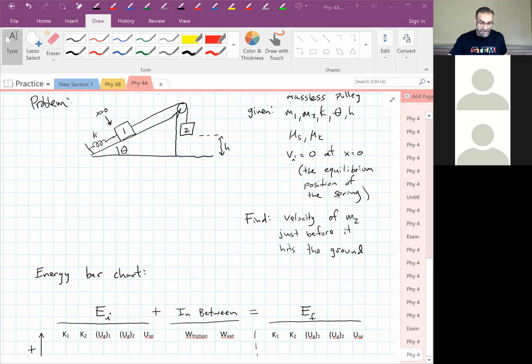We are going to need to define our heights. Free body diagrams are always a good idea, but actually, I'm not sure they're going to help you here. You'll need them eventually, for example, to get the normal force so you can know the friction force, things like that. So free body diagrams are not a bad idea. We should probably do them just for practice. I'm not sure you need them right off the bat here.